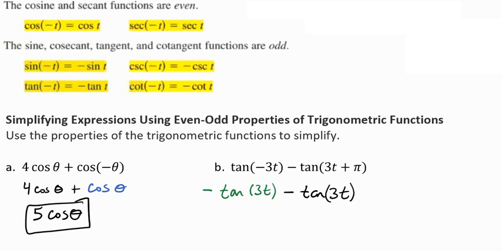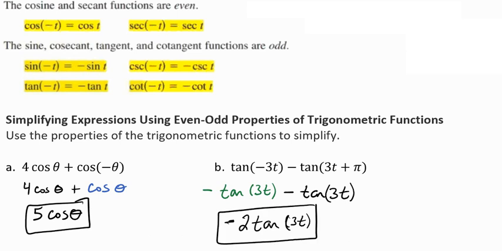So if I have a negative tangent of 3t, and I'm subtracting another tangent of 3t, that's going to give me negative 2 tangent of 3t. So even and odd properties can be really helpful when you're simplifying trigonometric expressions.